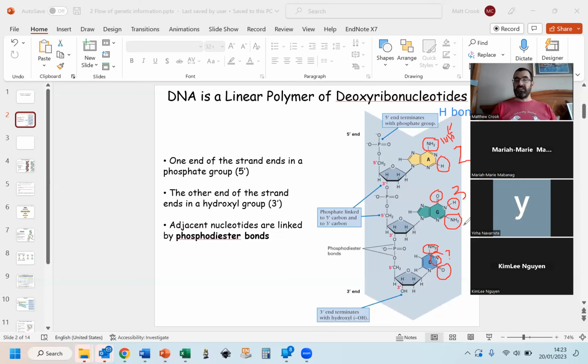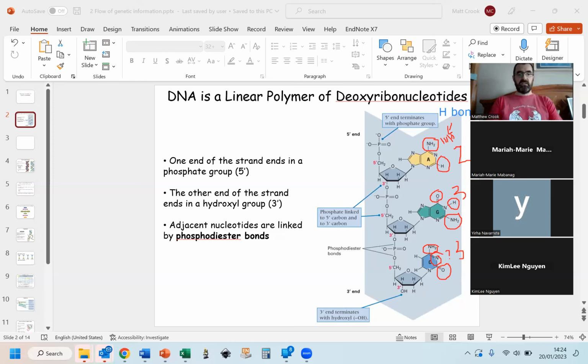Whereas C's and G's have three. And it's all down to their shape, right? Their shape and how many of these polar, charged groups stick out from the edge of them. And C has to have three because otherwise it doesn't work. So A's and T's are two H bonds.